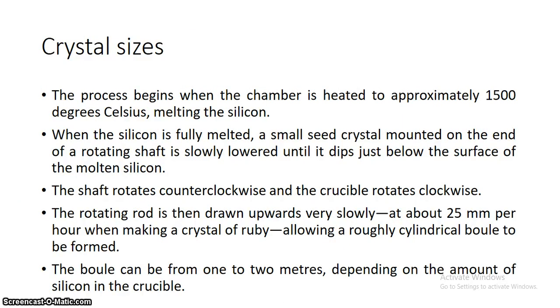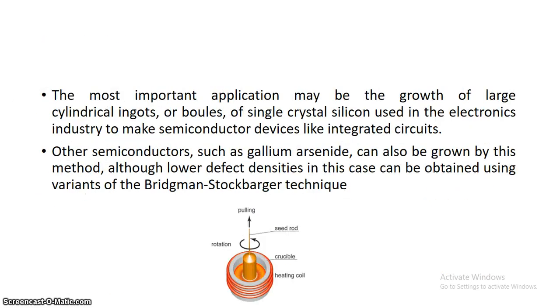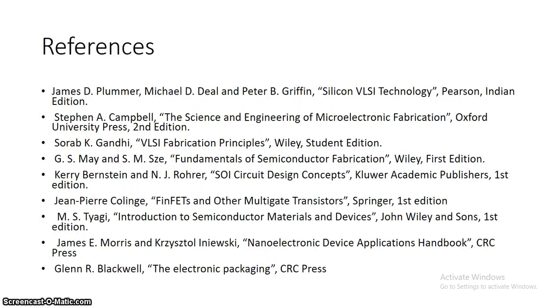Next, if you check here, this is your heating coil, your crucible, your seed rod. You are pulling the seed rod, rotating the seed rod in clockwise or anti-clockwise direction.